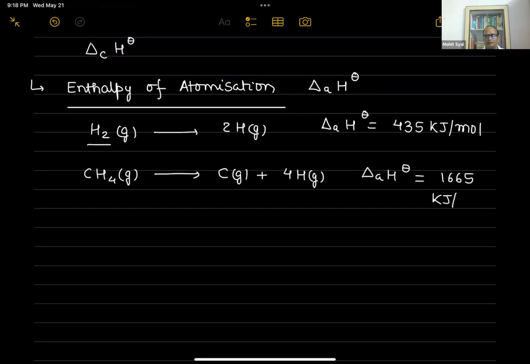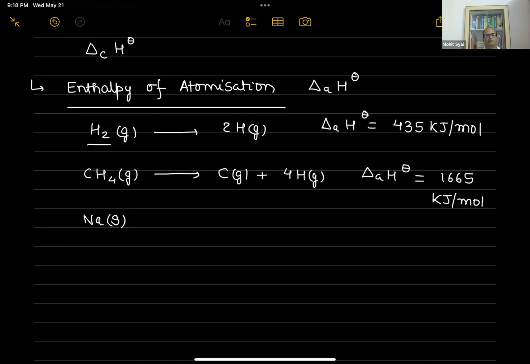This is enthalpy of atomization. What do you mean by enthalpy of atomization for sodium? What is the state of sodium? Sodium is a metal, solid.